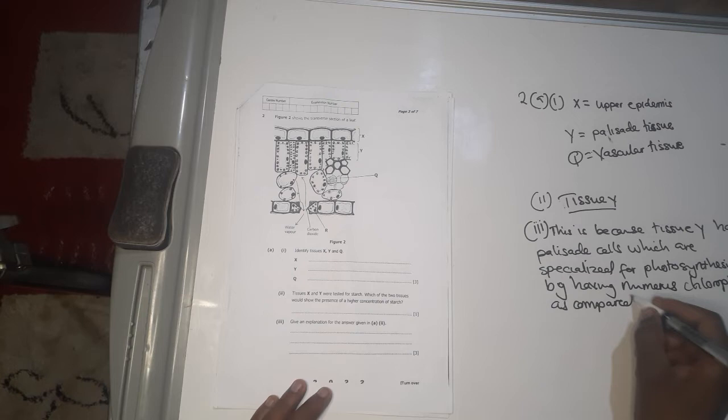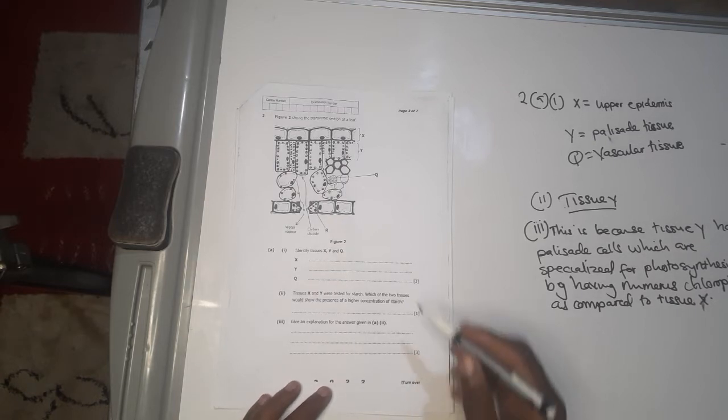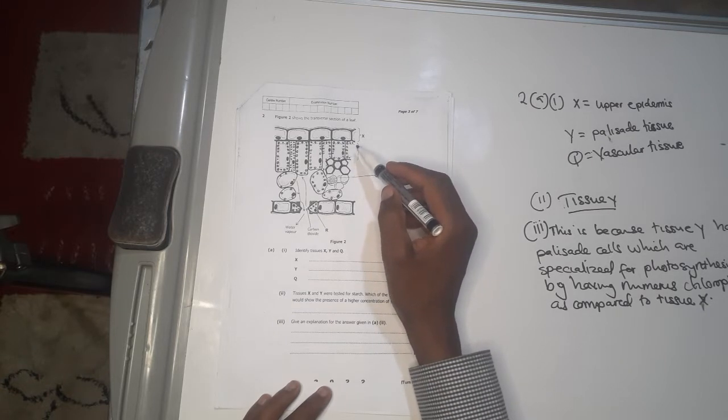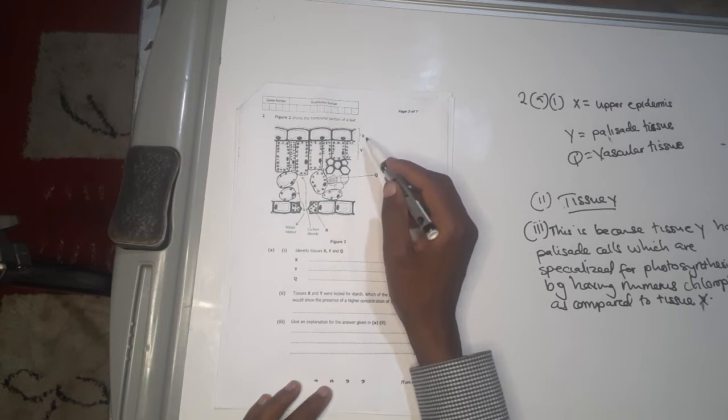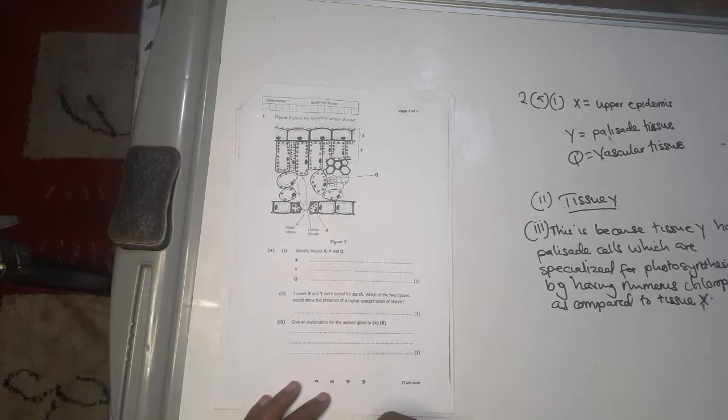As compared to, in this case, tissue X. Okay, so that's the reason why we have said that tissue Y has a lot of starch compared to tissue X, because this has specialized cells for photosynthesis, which has a lot of numerous chloroplasts for photosynthesis.